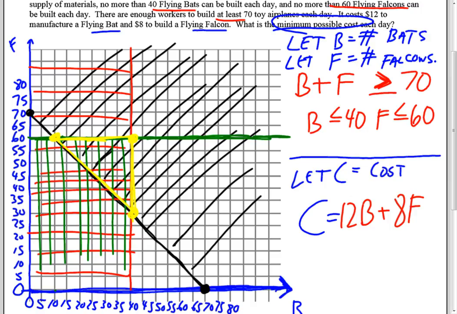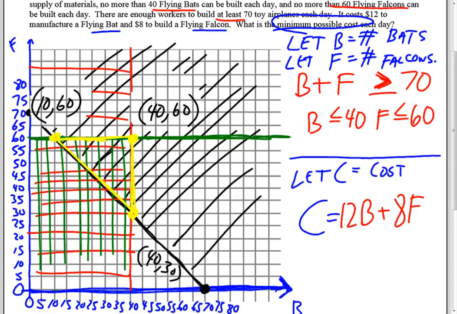I'm seeing, let's see, right here, what is that, 40, 60? And this one right here looks like 40, 30. And this one? 10, 60. Before you do any sort of testing on those points, just look at the points.